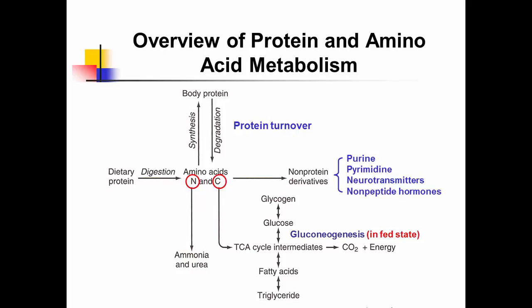So nitrogen in the amino acids can be metabolized into ammonia and urea, right? And also the amino acids can be utilized for the synthesis of other non-protein compounds, right?